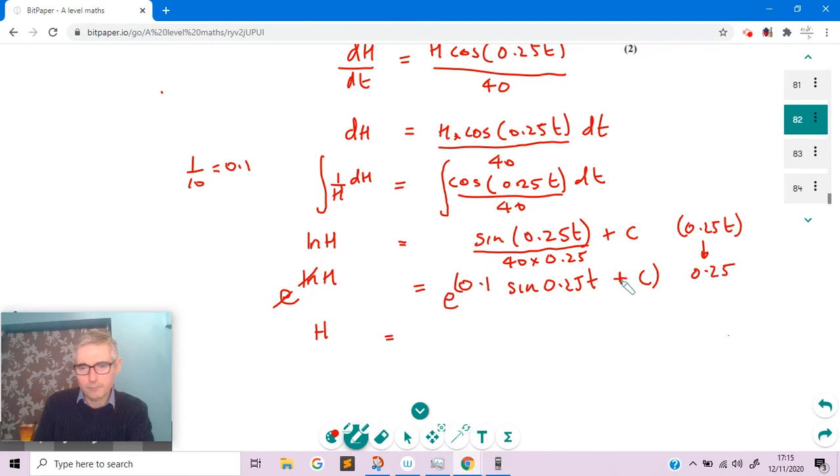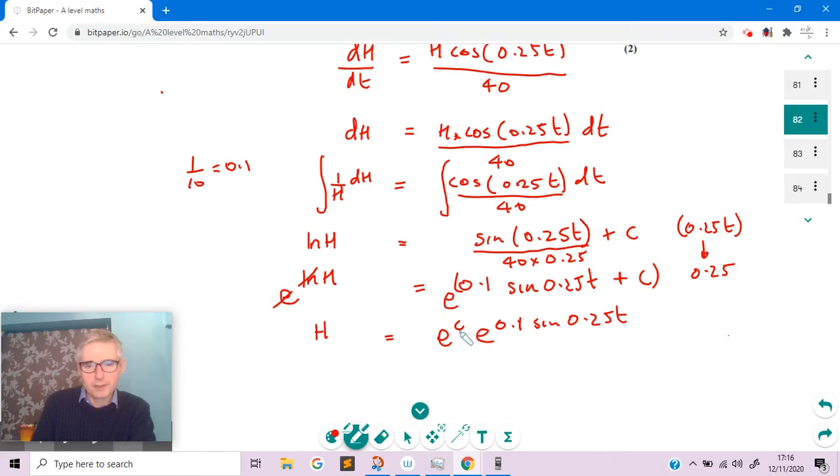So here I can work in reverse: I take the plus c and make that e to the power c, multiplying e to the 0.1 sine 0.25t.